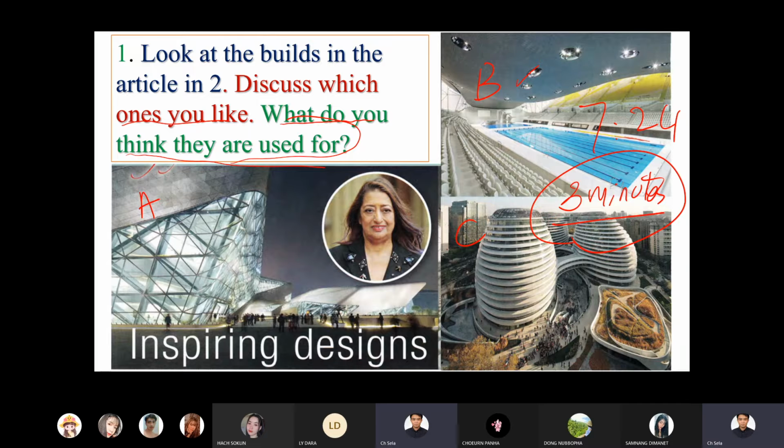You can write your answer in your notebook.